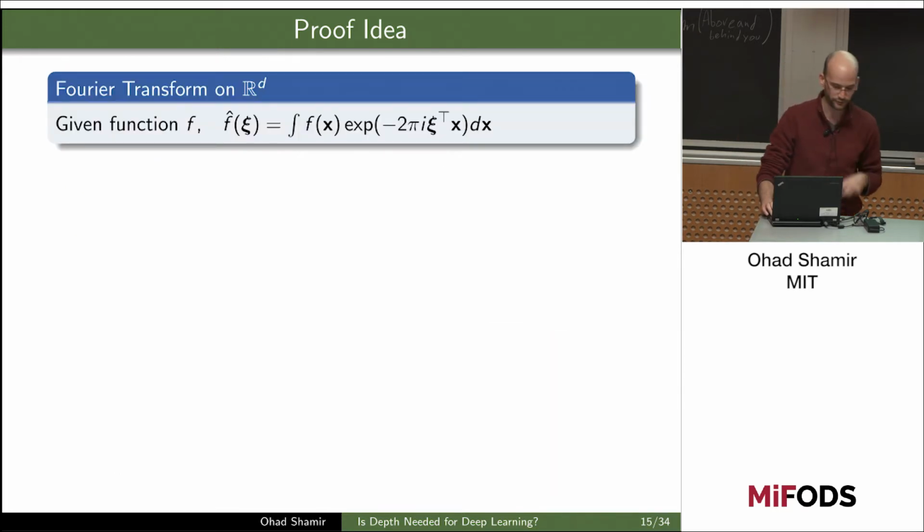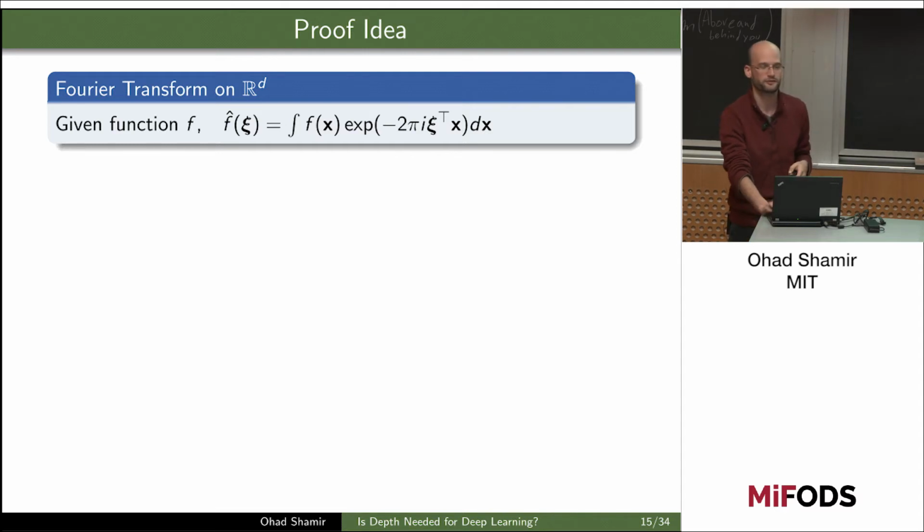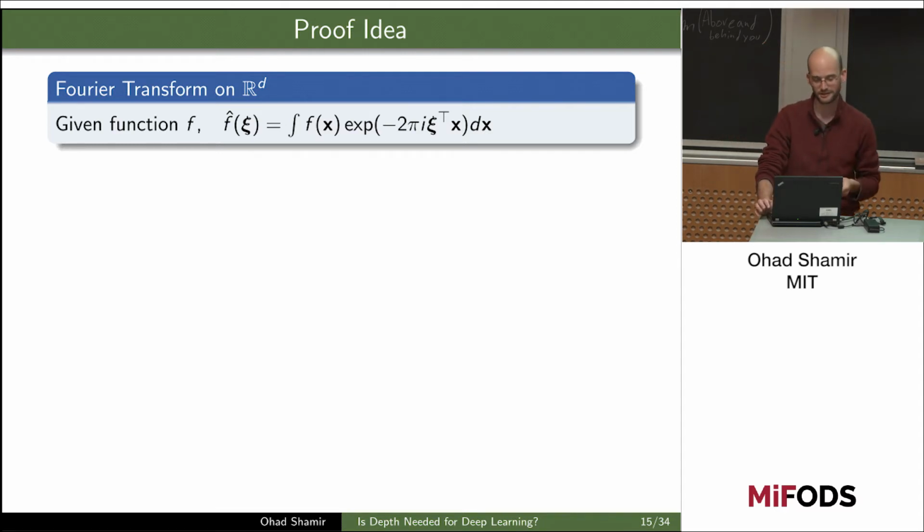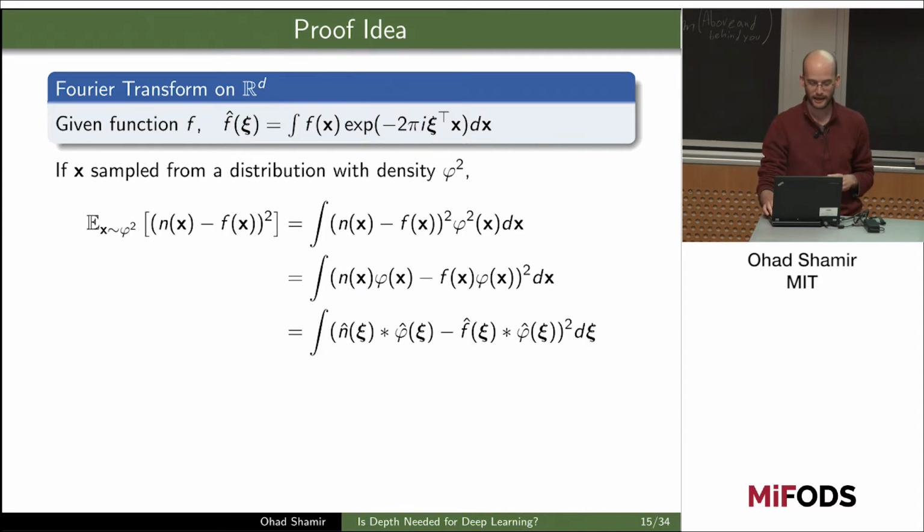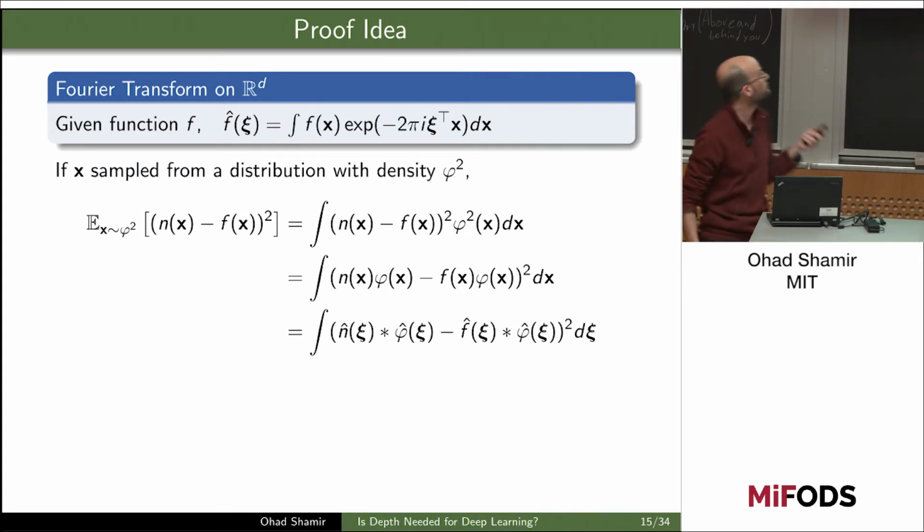The actual proof uses a Fourier transform on Euclidean space. Don't really need to understand the details. It's basically a way to represent the function in a different space as some weighted combinations of sines and cosines. And the proof starts with the thing that we want to lower bound.